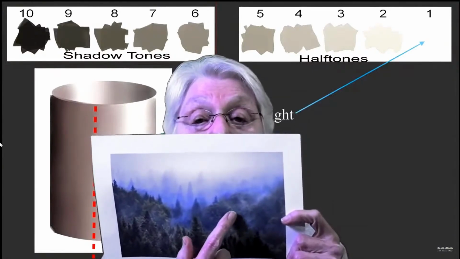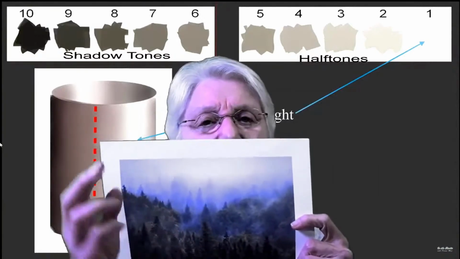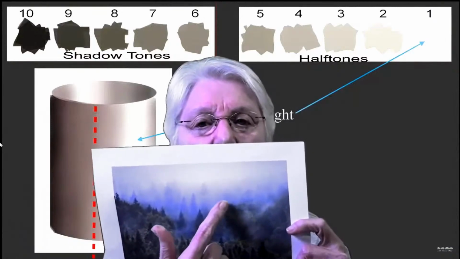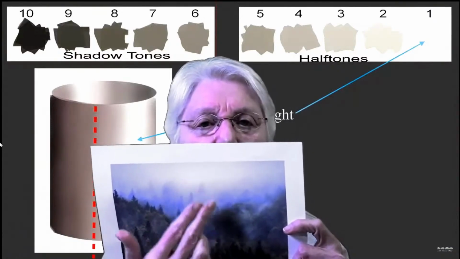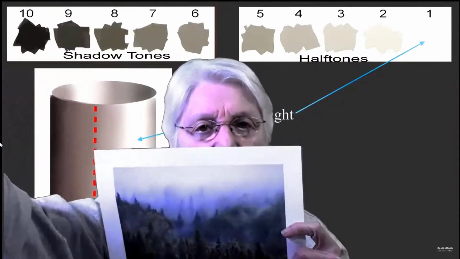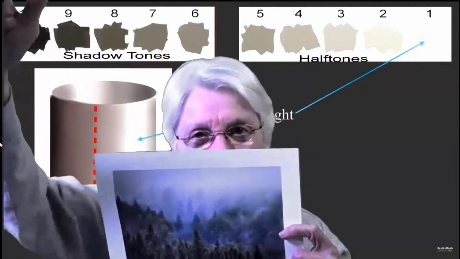So once you learn to read the halftones in the area in which they exist, you'll be able to interpret that in your painting in a way that can show distance. You can show mountains in a mist in the distance.